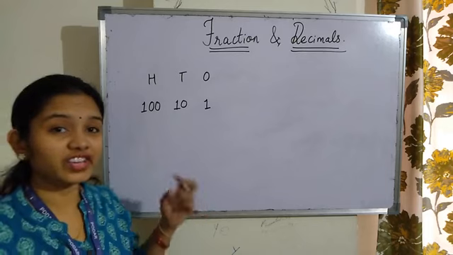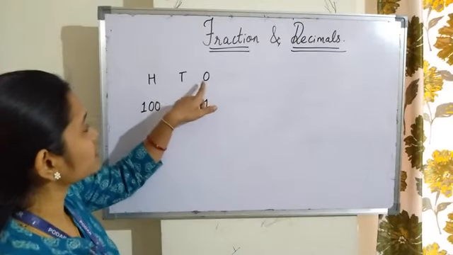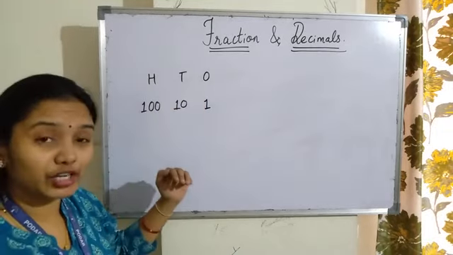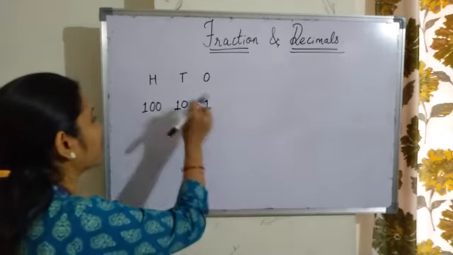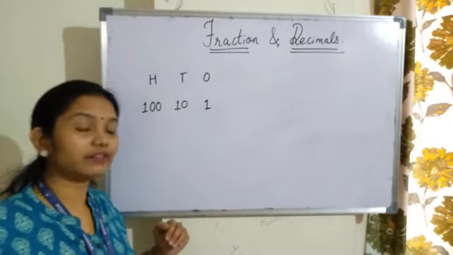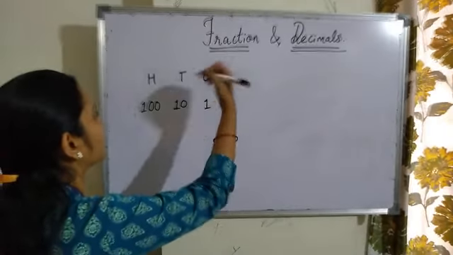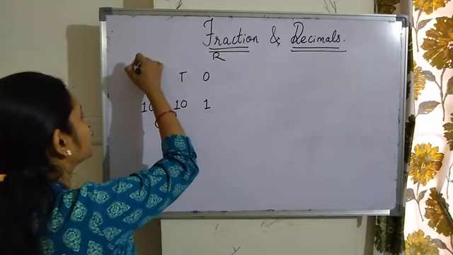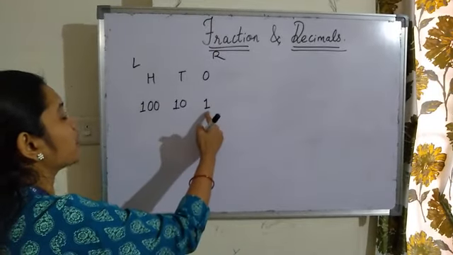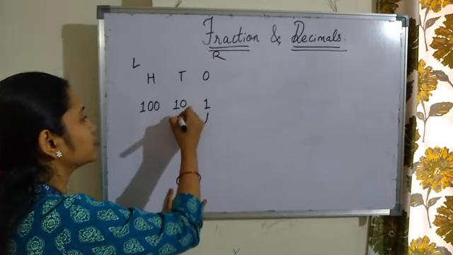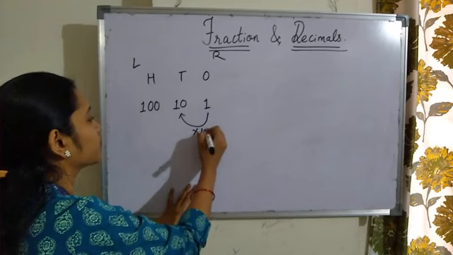Now let us see how to write its place value. Suppose I am having a 3-digit number. Its places will be ones, tens and hundreds, and the respective place values will be 1, 10 and 100. Now what if I want to move from my right side to my left side? If I want to move from right to left, I have to multiply the place value by 10.